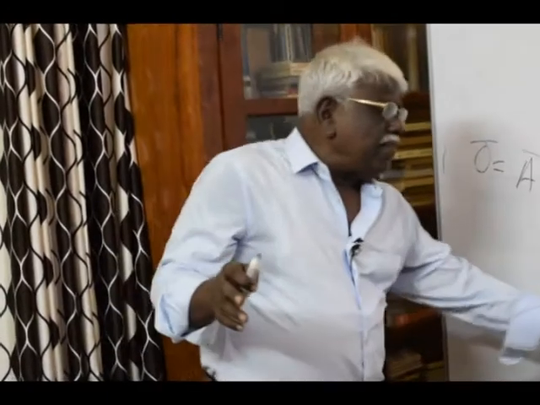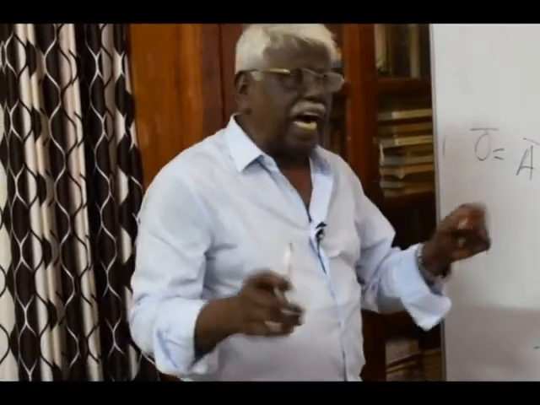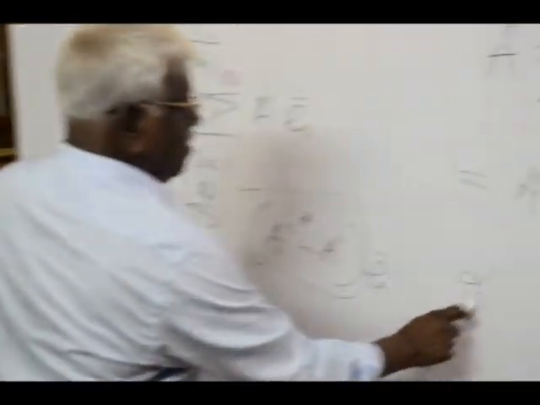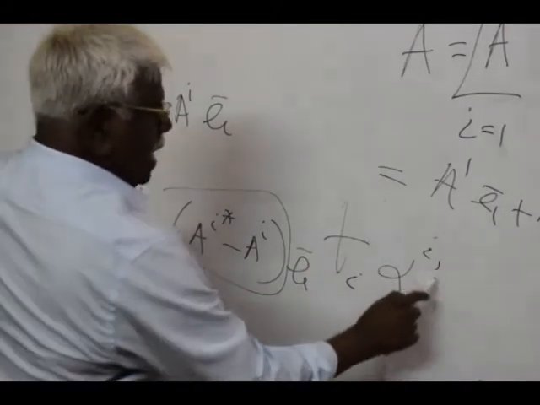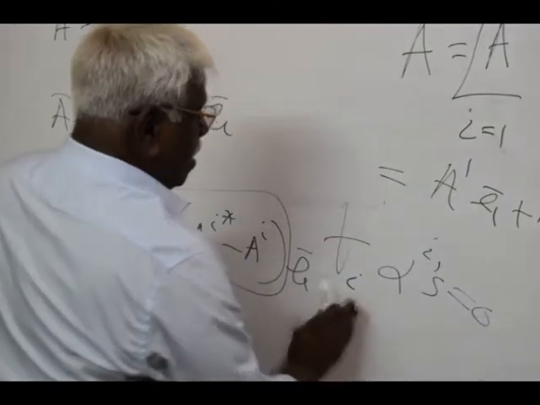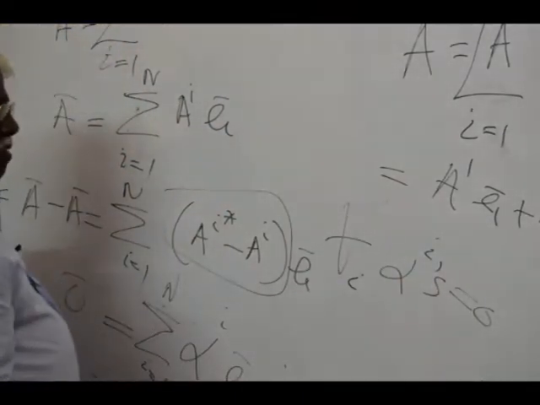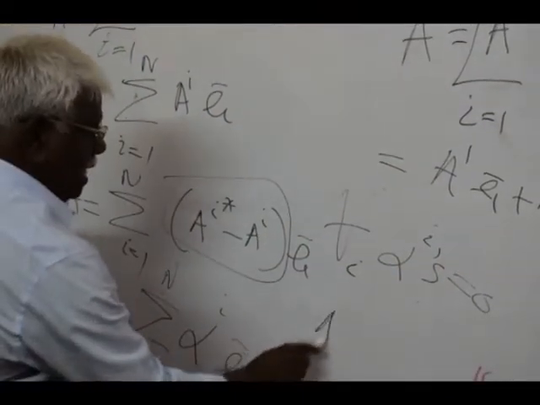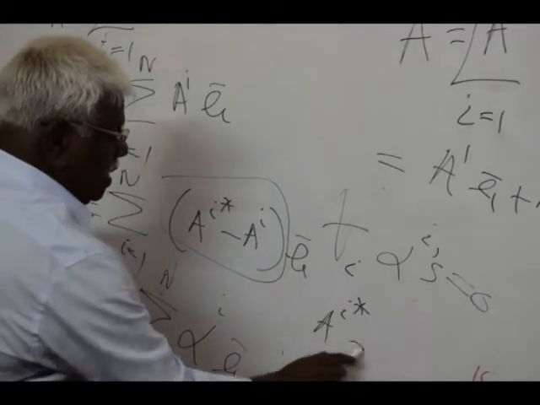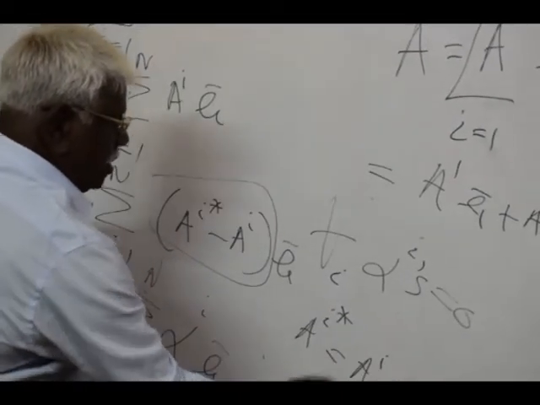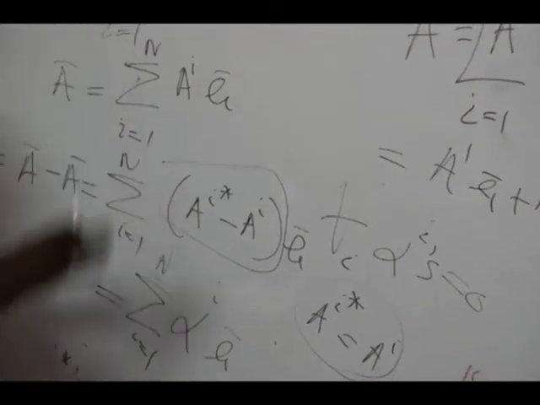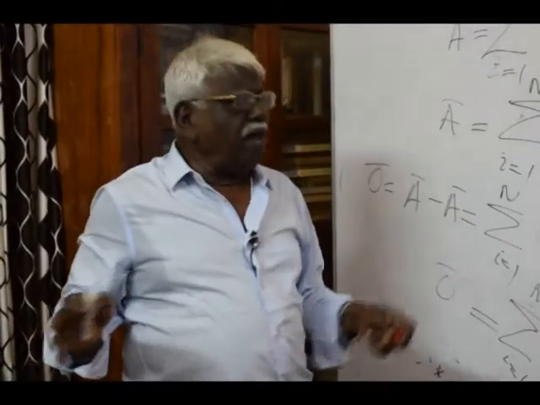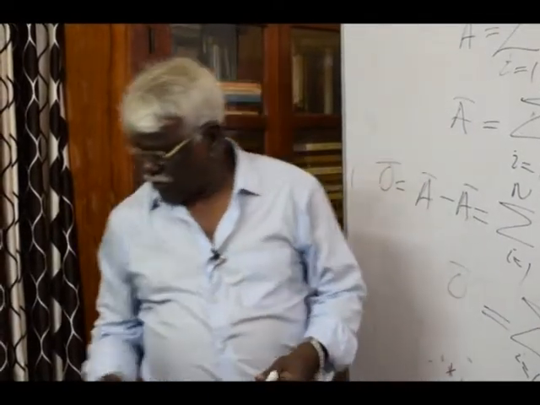So all alpha i's equal 0, which means that ai star equals ai. So the representation of a vector with respect to a particular basis is always unique. That uniqueness is already proved.